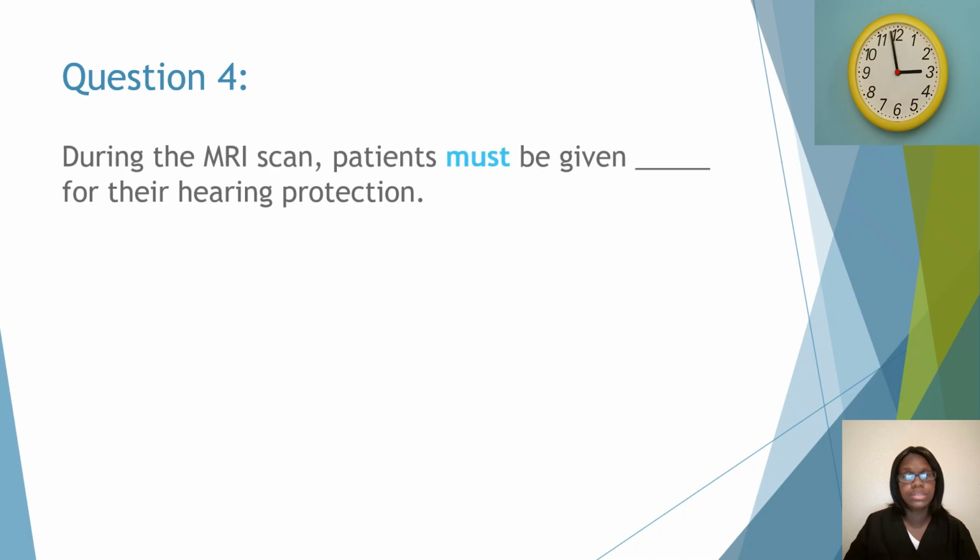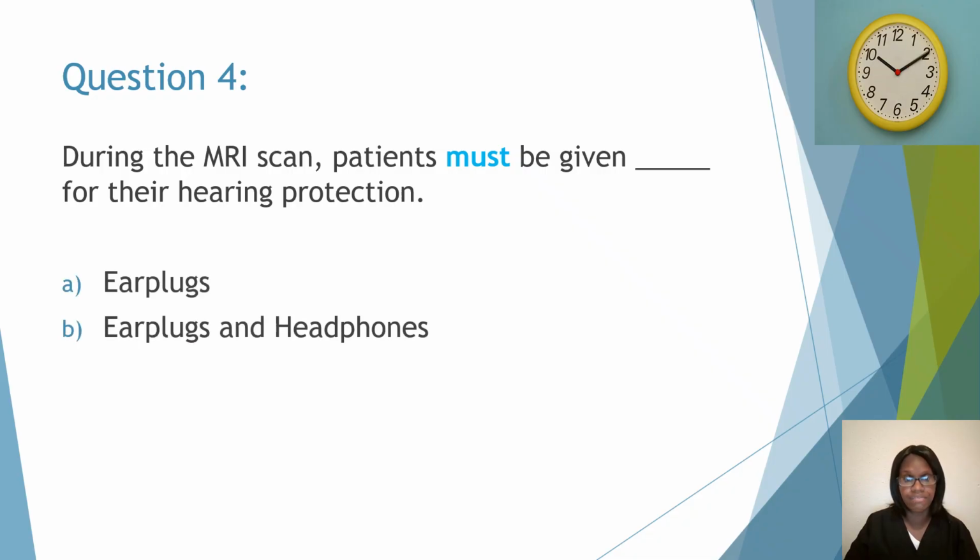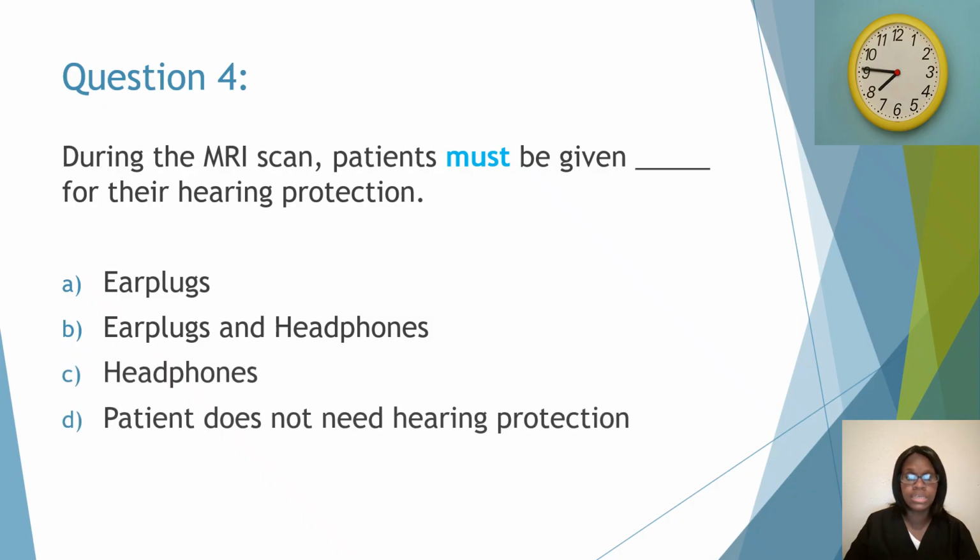Question 4. During the MRI scan, patients must be given blank for their hearing protection. A, earplugs, B, earplugs and headphones, C, headphones, or D, patient does not need hearing protection.